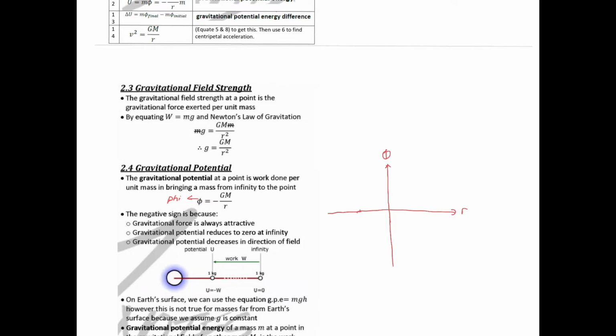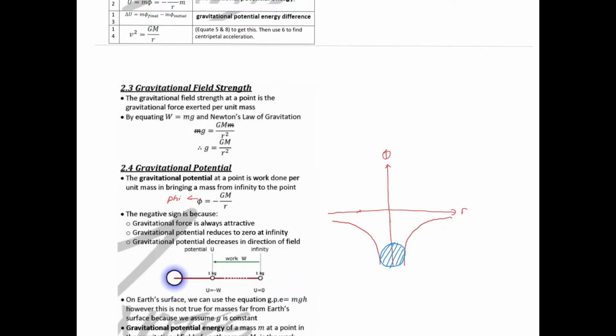The object which creates the gravitational potential stays here. Let's say I use blue color. This is the object with mass m.